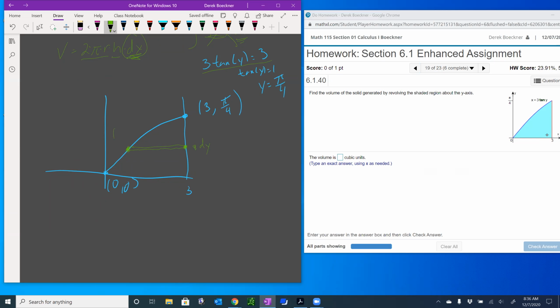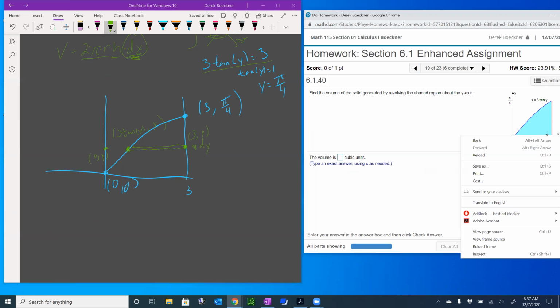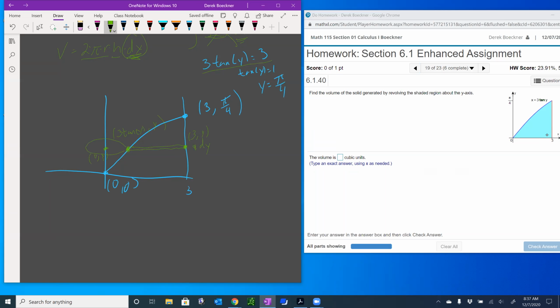This point is at 3 tangent of y comma y. This is at just 3 comma y. And then my radius here, the center of the circle, is at 0 comma y. So let's draw the shape. It's not a very circular washer, but you get the idea.